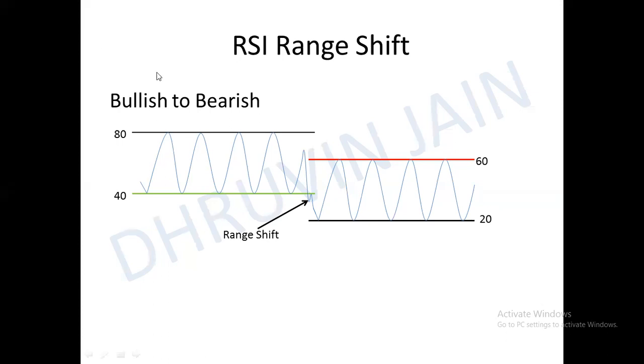In this range shift, when RSI was in the bullish region of the 80-40 territory, let me emphasize this point: when price starts moving in a lower high, lower low structure, when initially it was in a higher high, higher low structure, the 40 support of RSI will break, which believe it or not is a very strong signal in the RSI world.